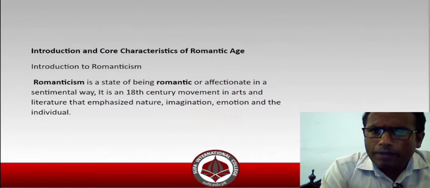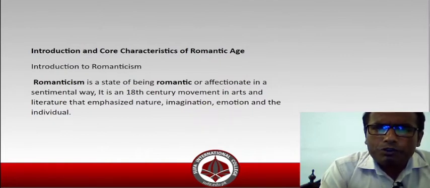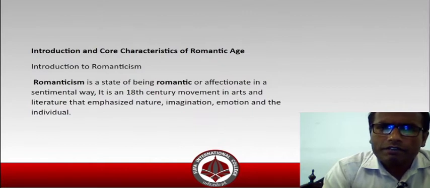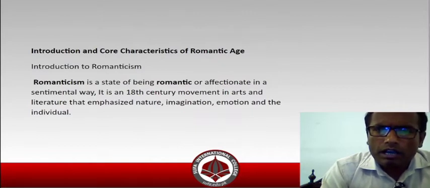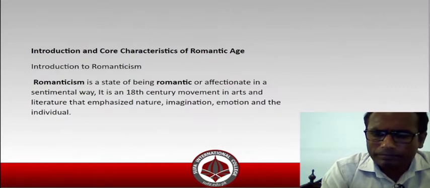Before the Romantic movement, people used to believe in traditional views. They used to believe in reason, and there was no space for emotions. They didn't believe in emotions, rather preferred reason over them.